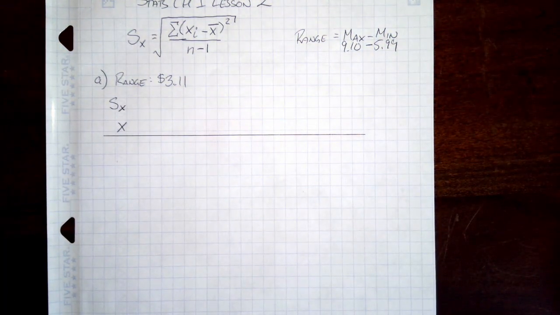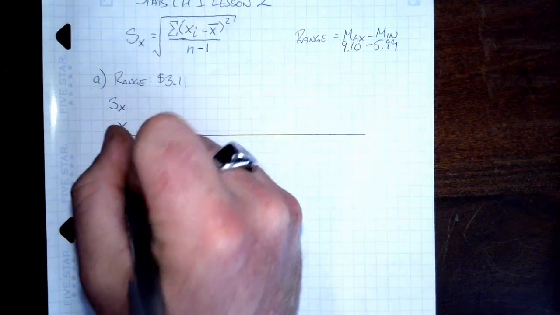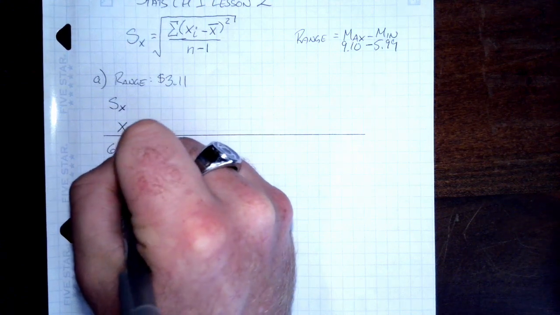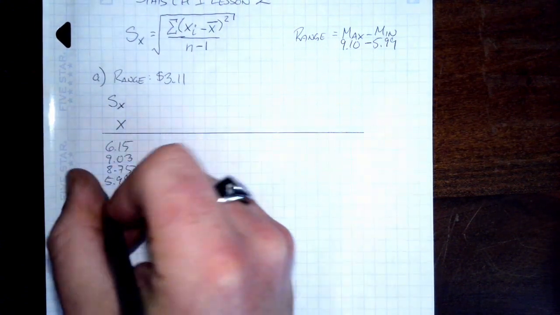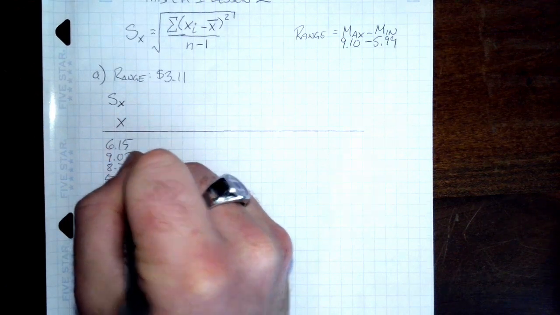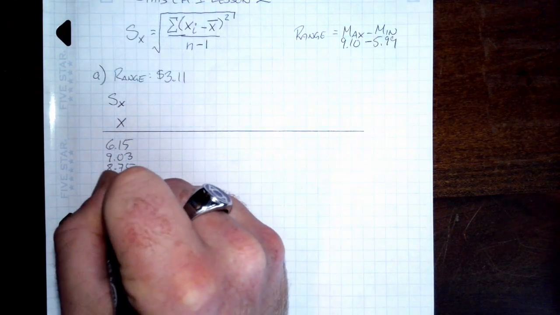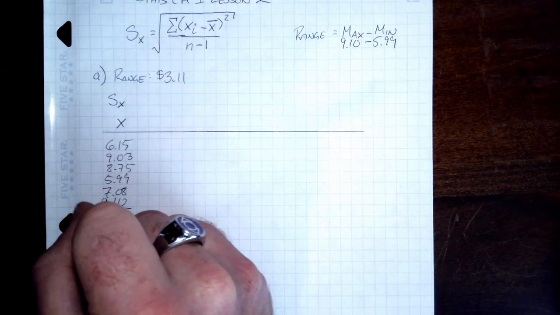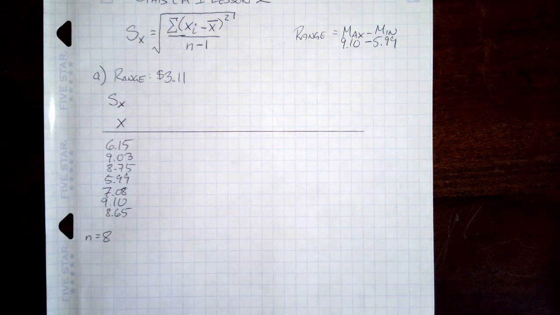So just copying that list, 6.15, 9.03, 8.75, 5.99, 7.08, $9.10, and $8.65. So first off, this tells us that the number of data points that we have is 8.